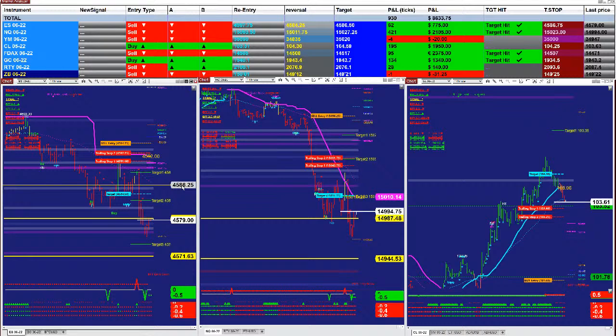So once this market is diving in between those two yellow lines, you can direct your auto trade to go long only. And it is a matter of time before the market is going to turn around.